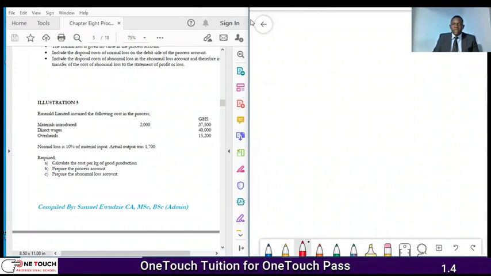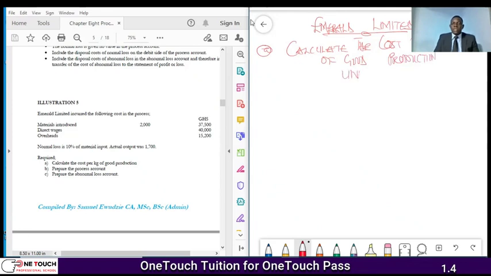So we have Emerald Limited. Requirement A, we should calculate the cost per kg of good production.